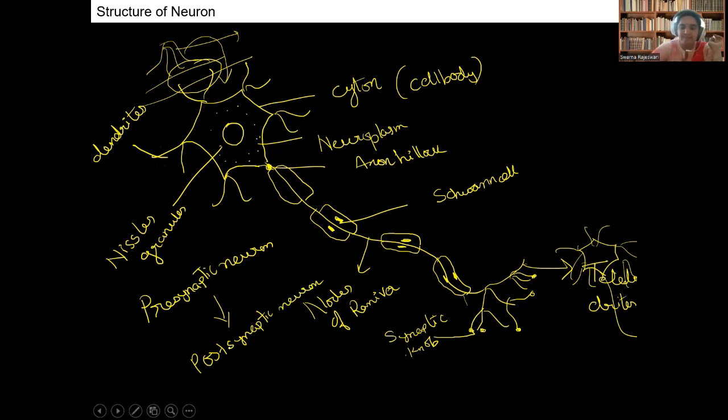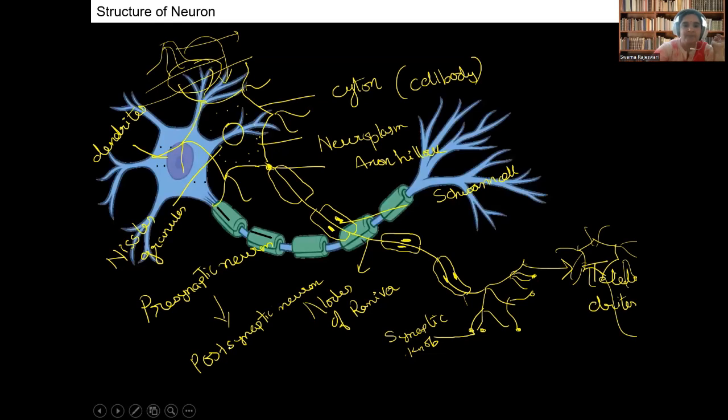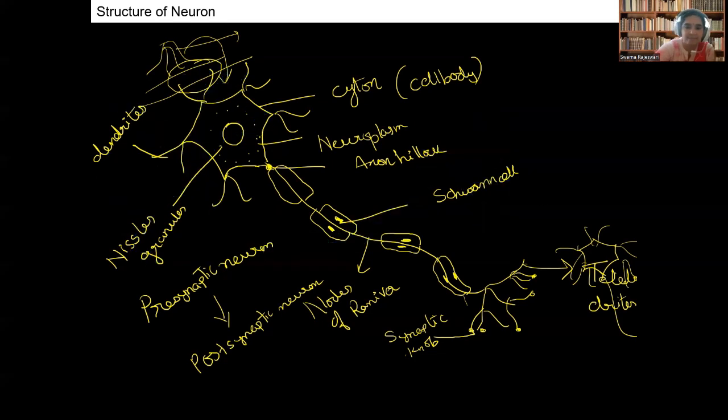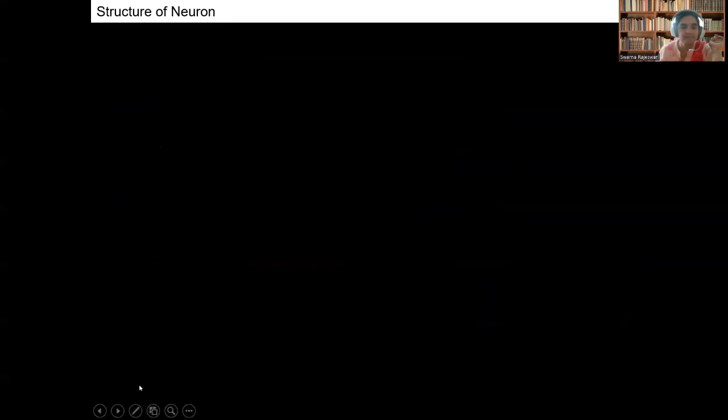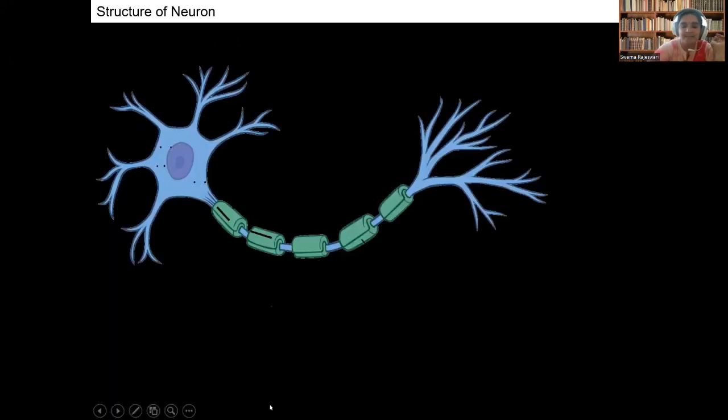So let us see again. Here we are seeing the multipolar neuron, where these are the dendrites which are attached to the cell body.